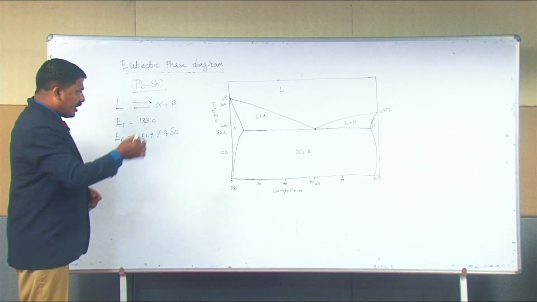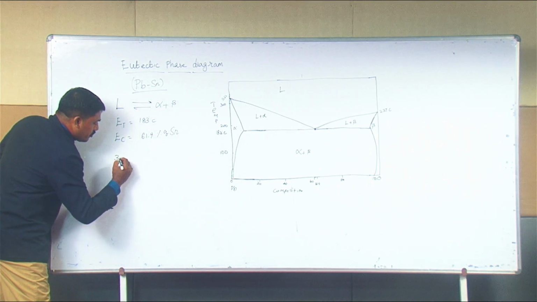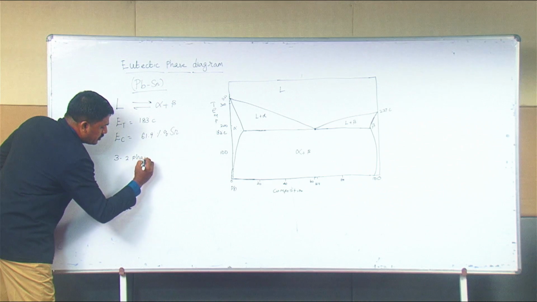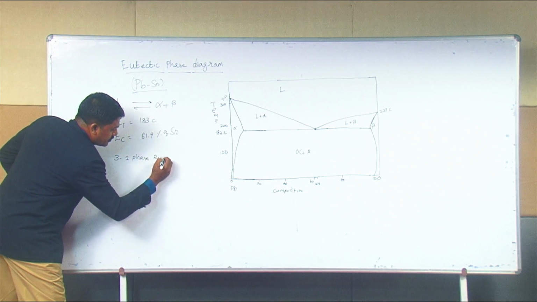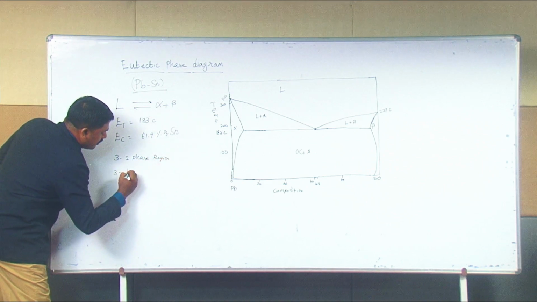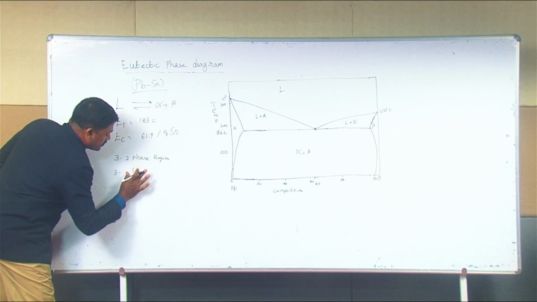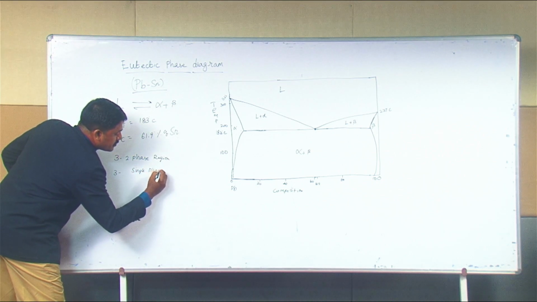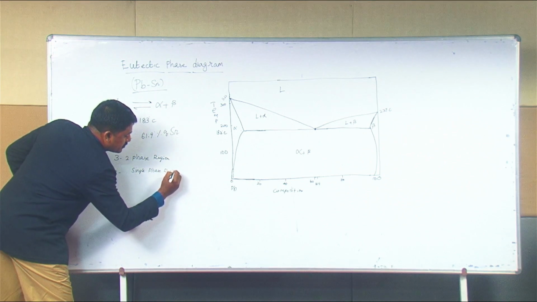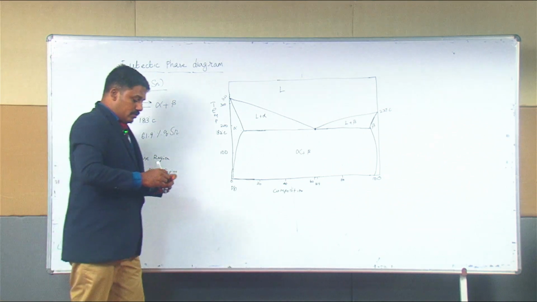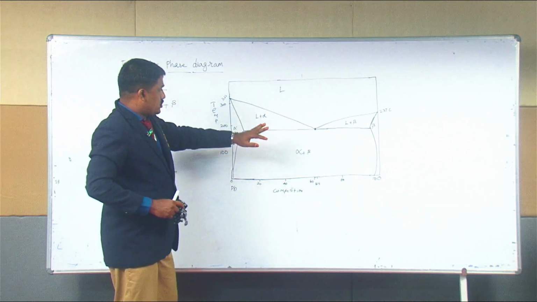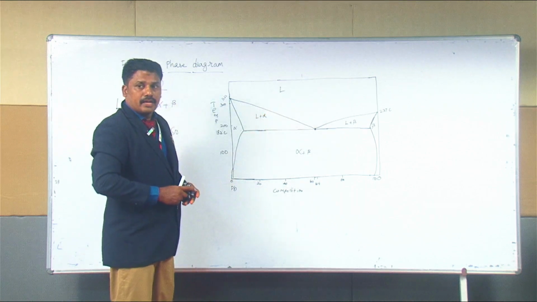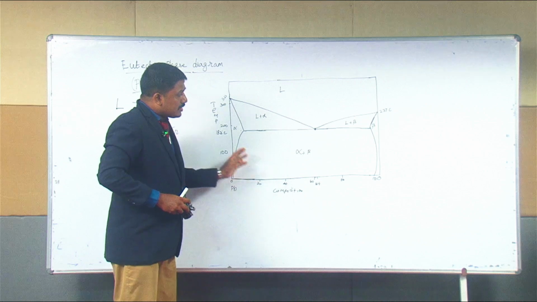Okay, and then it has three two-phase regions and three single-phase regions and six boundaries. So this eutectic phase diagram has six boundaries.